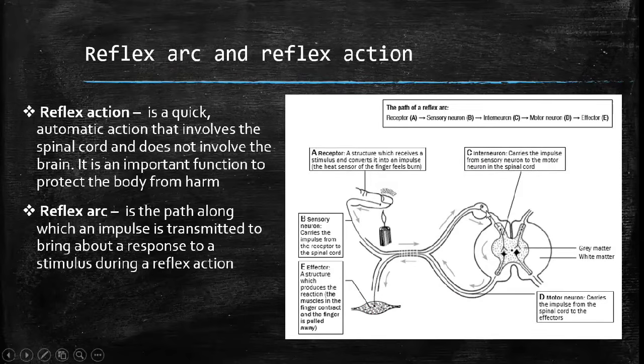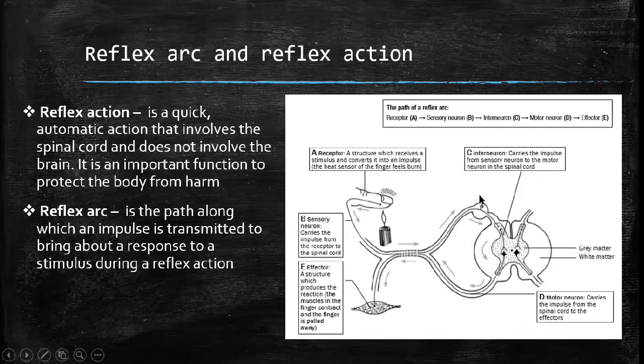The information goes into the spinal cord via the dorsal horn, and then it leaves the spinal cord via the anterior horn.